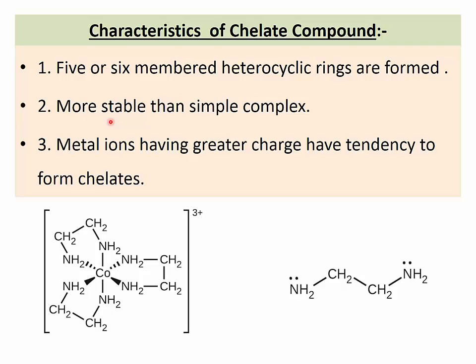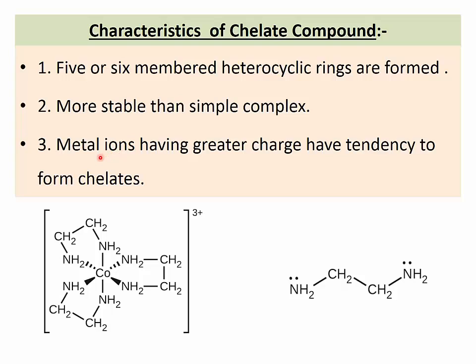As a ring is formed, this complex is more stable than a simple complex. Chelate means multidentate ligands are attached to the metal ion or atom, while a simple complex means a monodentate ligand is attached to the central metal ion or atom. So, as a ring is present in a chelate compound, it is more stable than a simple complex.